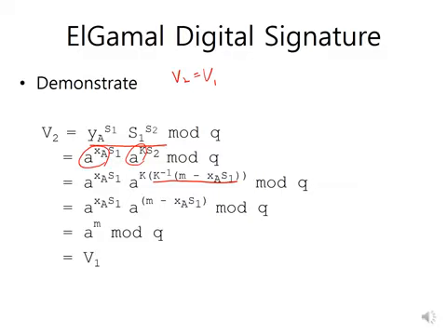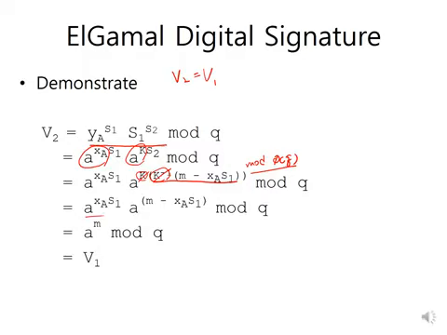All of the exponents are computed mod phi of Q. And then this K and this K inverse would be removed here.